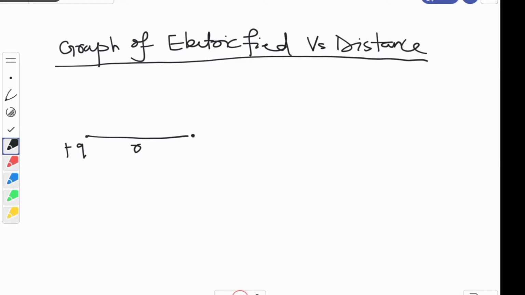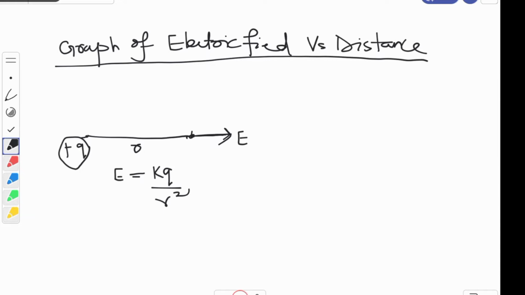At this point the electric field will be E equals kq by r square, and the direction of the electric field will be away from the charge. Why? We know for a positive charge the electric field is always away from the positive charge.